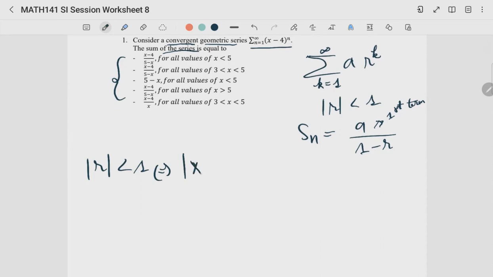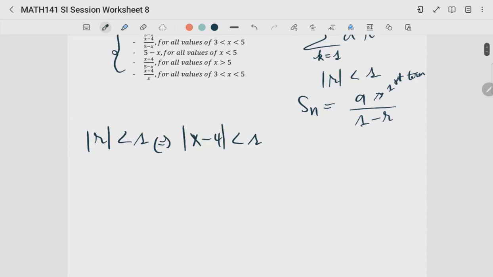So the absolute value of x minus 4 is less than 1. That means that negative 1 is less than x minus 4, which is less than 1, right? These two expressions are equivalent.